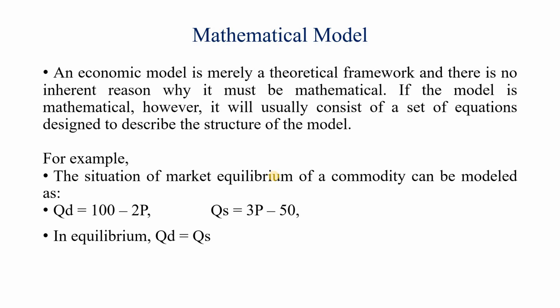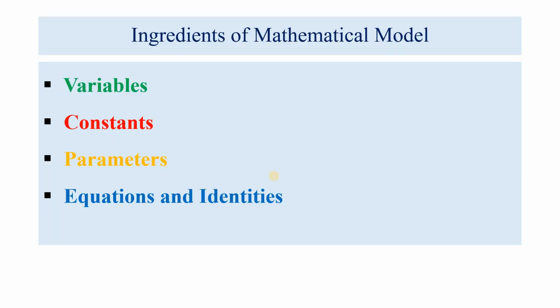And if we set the equilibrium condition, so we get Qd equal to Qs, and from this model we can get the value of P and Q. The star denotes the equilibrium price and equilibrium quantity from this simple mathematical model.